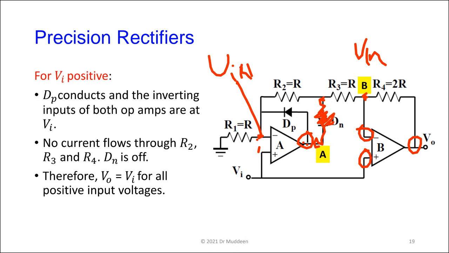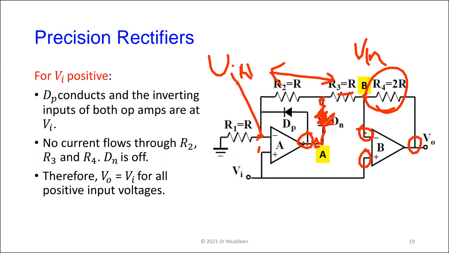So if we have Vin at either end of the chain, because this diode DN is no longer in the circuit, then with the same voltage at either end of this chain, nothing is flowing through here. No current flowing through here, and so nothing could be flowing through here as well.